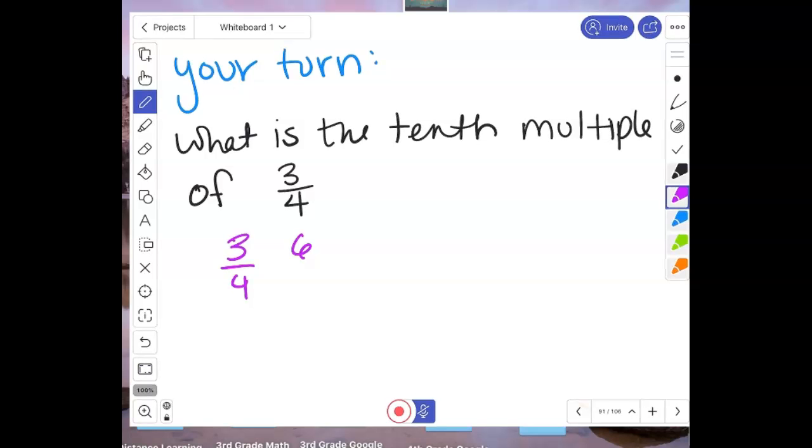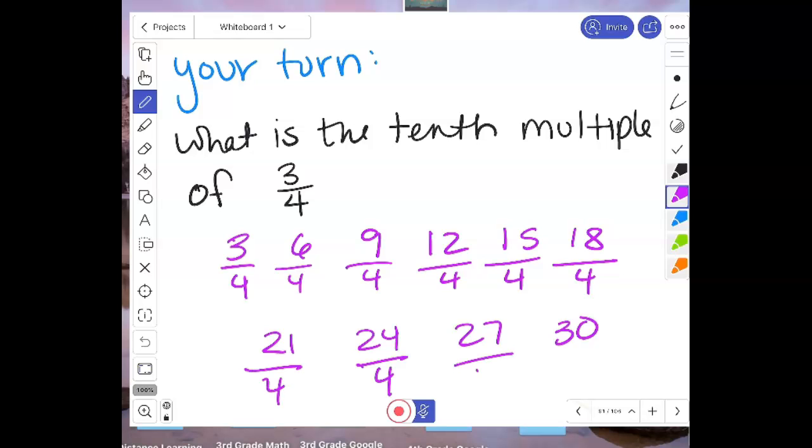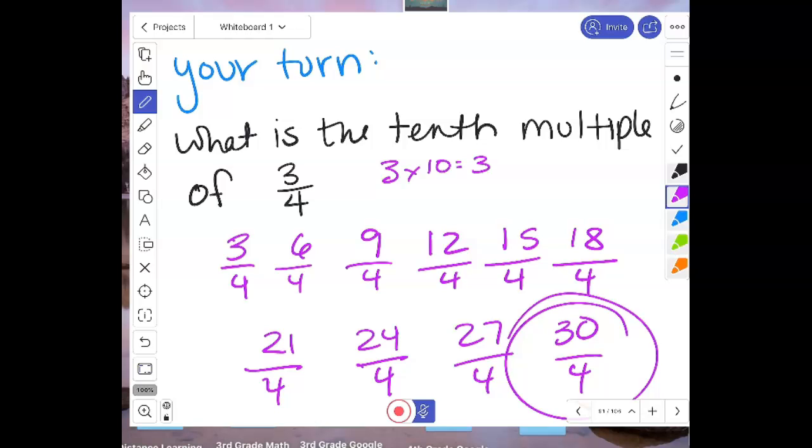I could just skip count by 3s. 3, 6, 9, 12, 15, 18, 21, 24, 27, 30. And they're all fourths. So that just made it easy for me. If I know my multiples, if I know my math facts, it's pretty easy. So the 10th multiple would be 30/4, and I know that because 3 times 10 equals 30, and that matches.